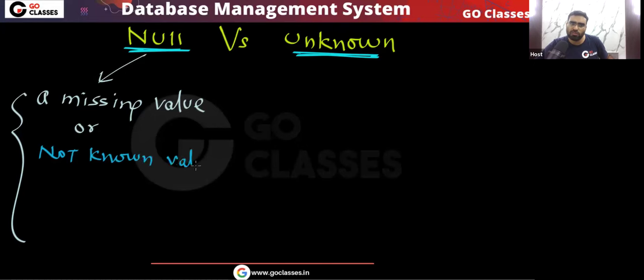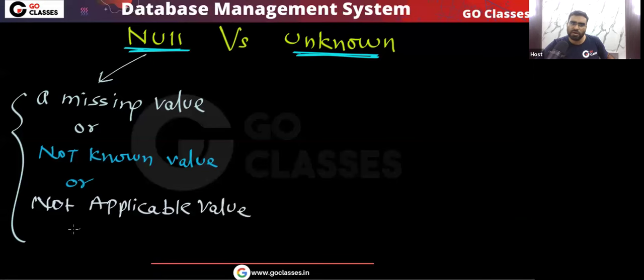Or this is a not applicable value, or a not recorded value. Basically, null has many different meanings. I can say null is basically a missing value, something that is missing.